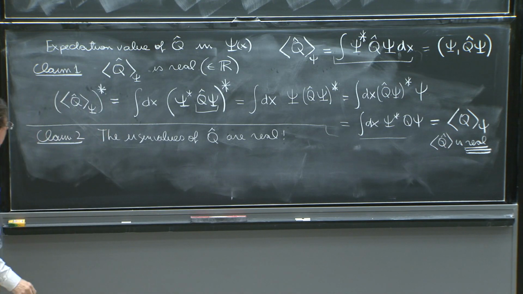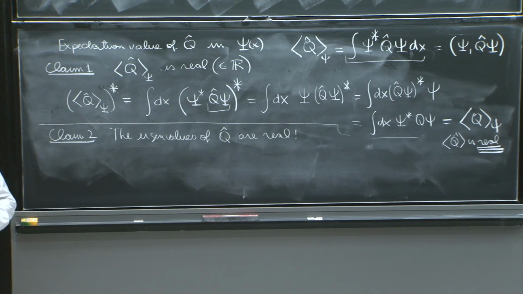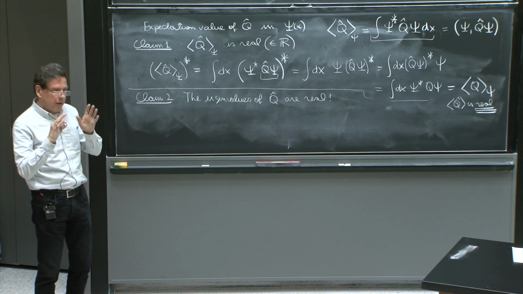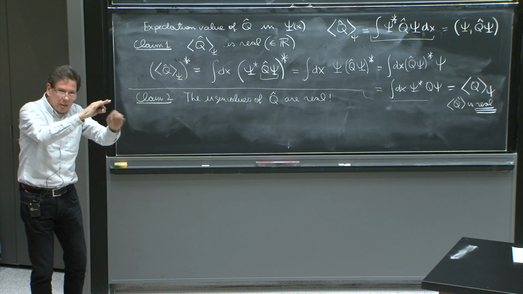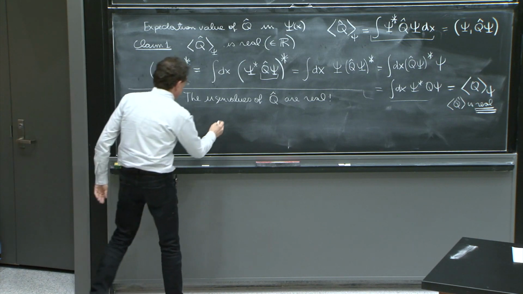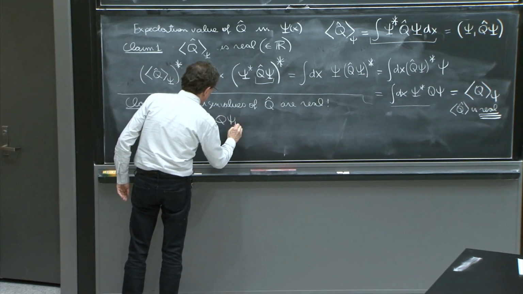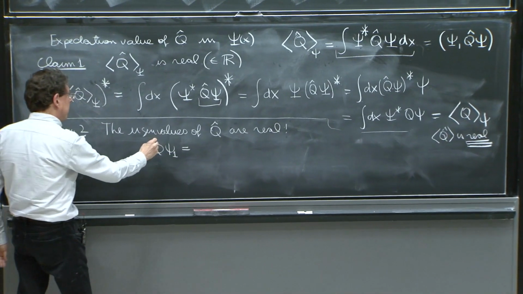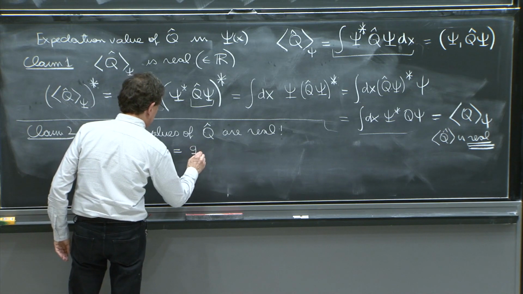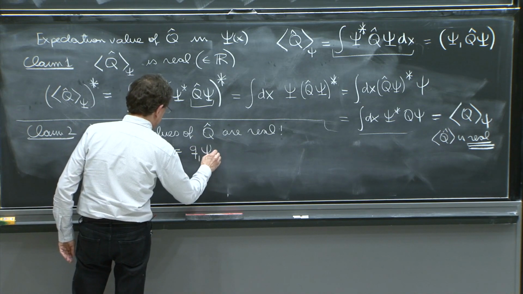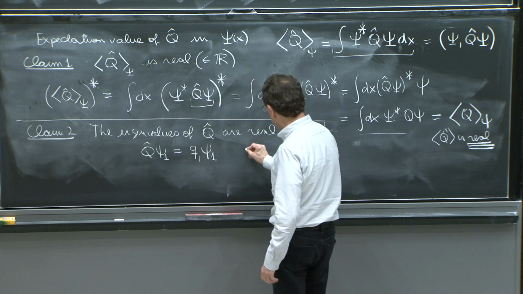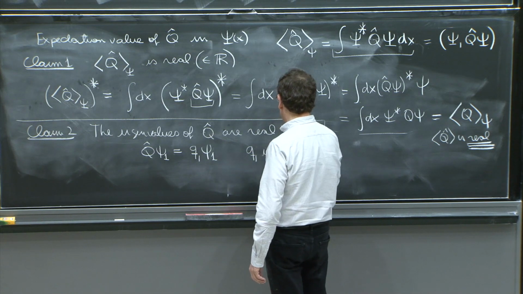So what are the eigenvalues of Q? Well, you've learned with the momentum operator that eigenfunctions of an operator are those special functions that the operator acts on and gives you a number, called the eigenvalue, times that function. So Q times psi1, if psi1 is a particularly nice choice, will be equal to some number, let me call it Q1, times psi1, and there I will say that Q1 is the eigenvalue.